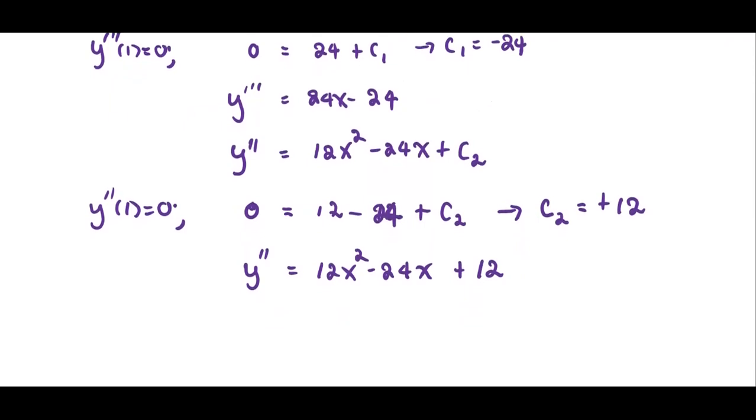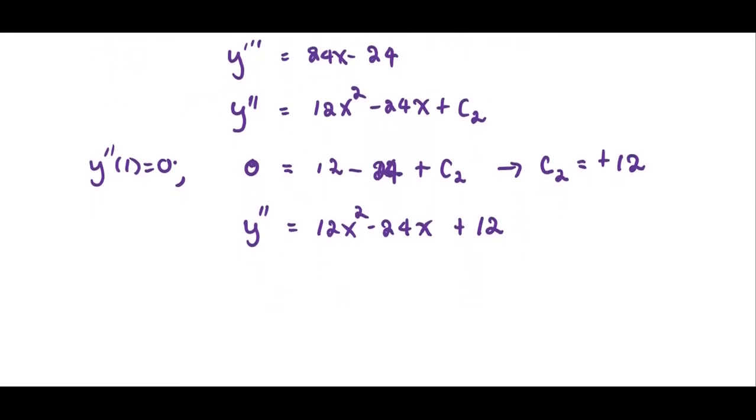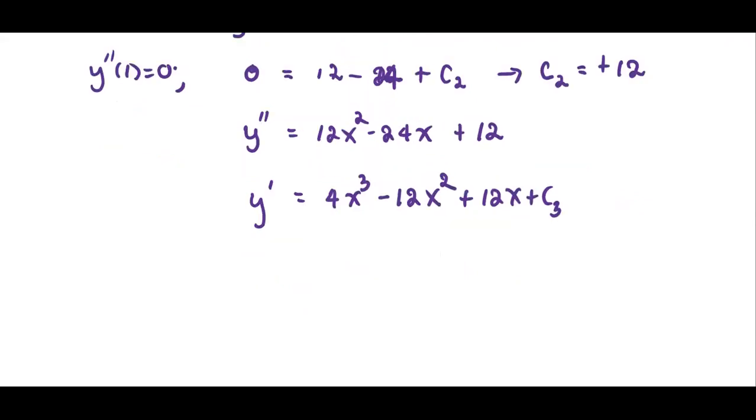Next, we find another antiderivative to get y prime, which is 12 divided by 3, or 4x to the third, minus 24 divided by 2, or 12 times x squared, plus 12 times x plus c3.